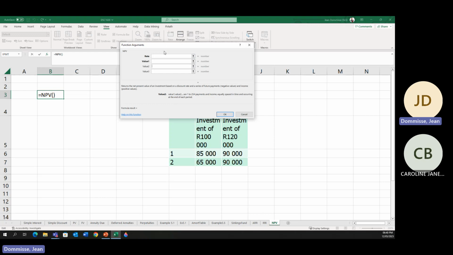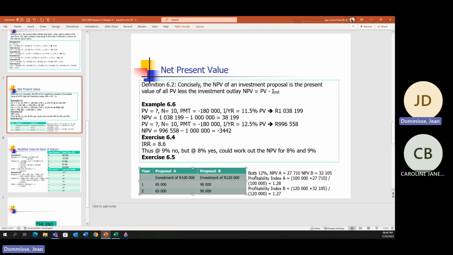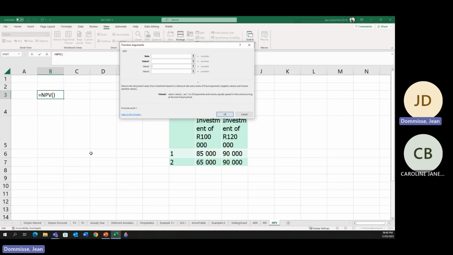So let's quickly check where that information was that I took this from. Was it exercise 6.5? I just want to check. Yes, exercise 6.5.